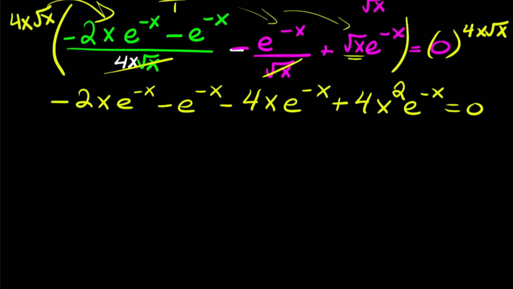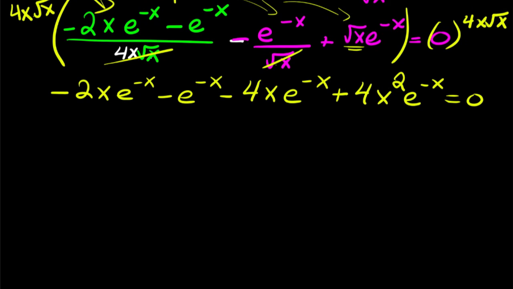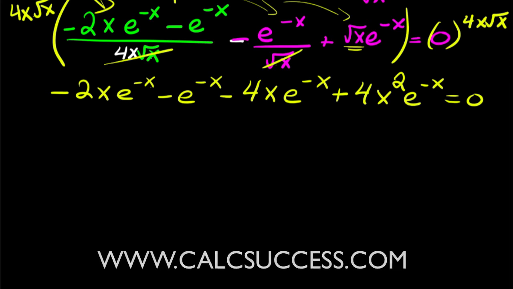Okay. So continuing with the theme here, notice how there's an e to the negative x on everything. Let's divide everything by e to the negative x.